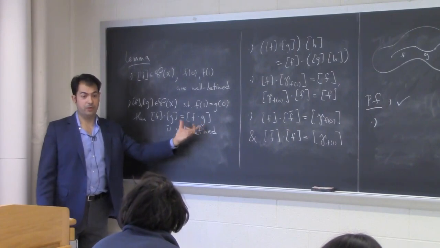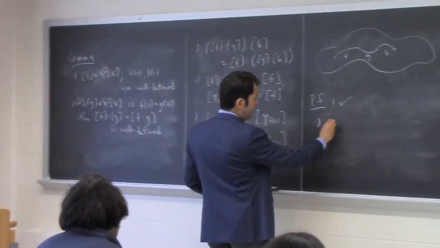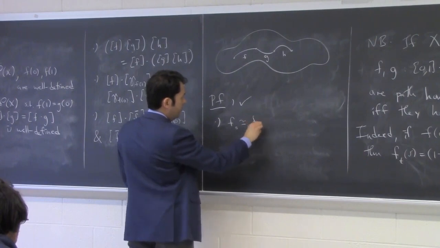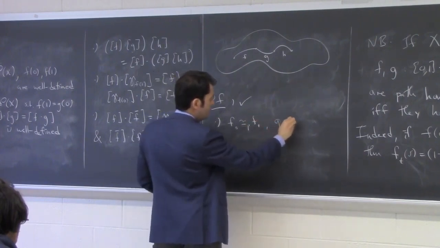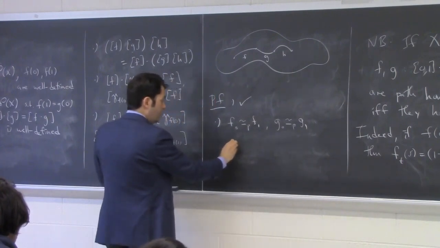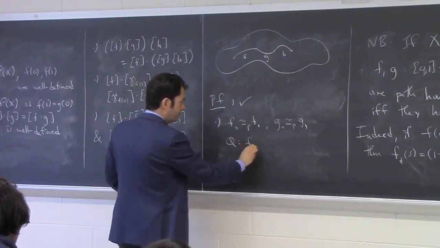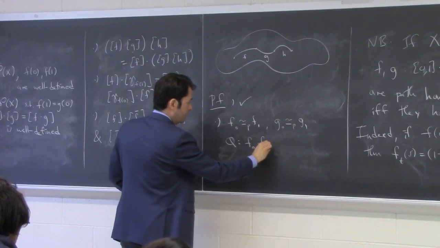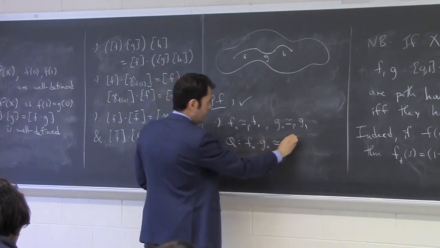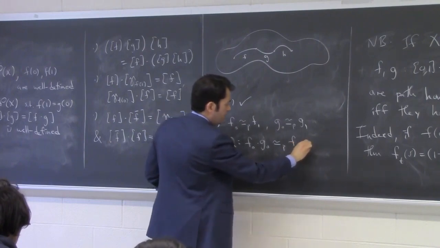So what we want to check is: if F0 is path homotopic to F1 and G0 is path homotopic to G1, is F0 dot G0 path homotopic to F1 dot G1?